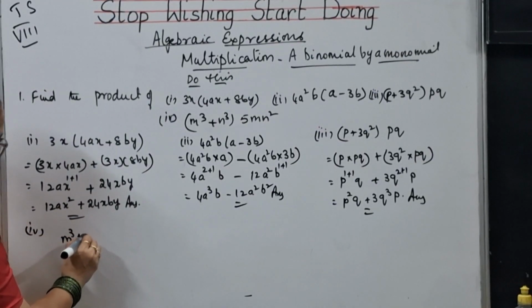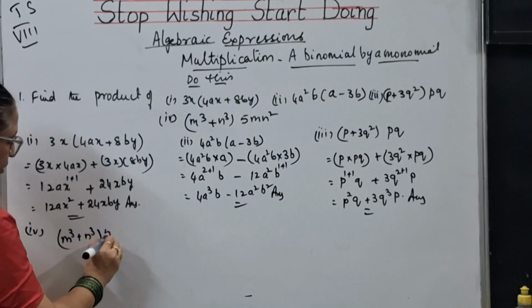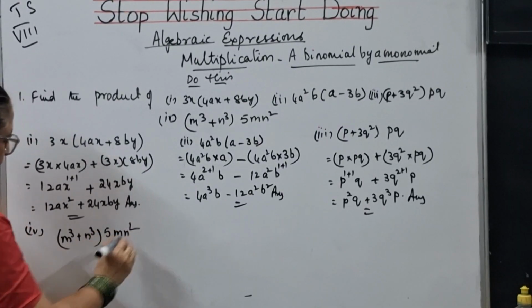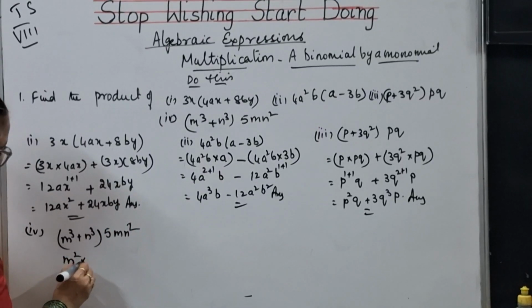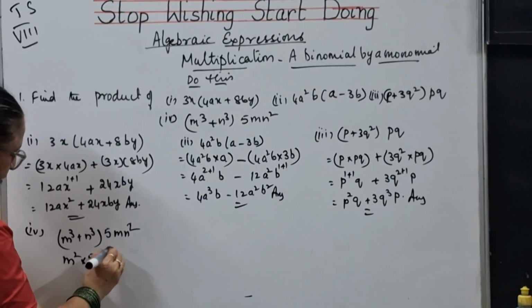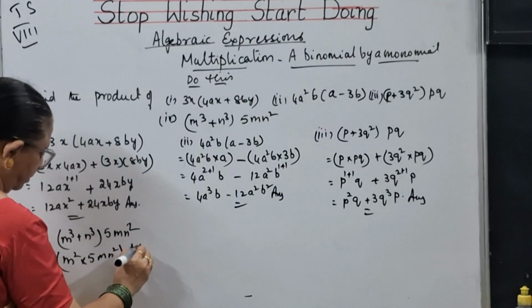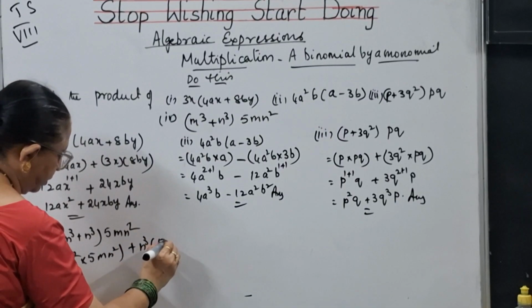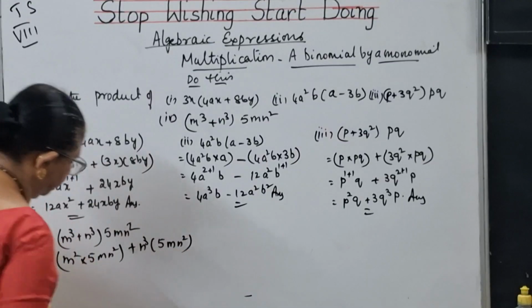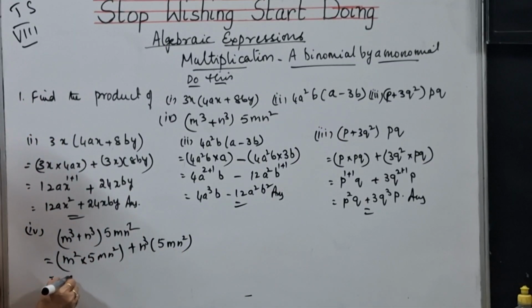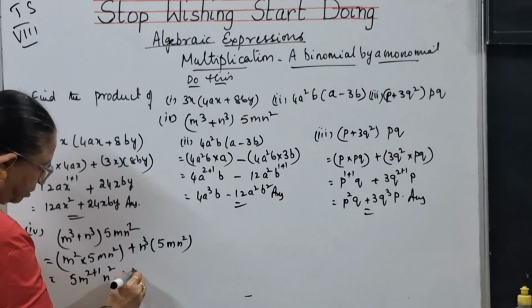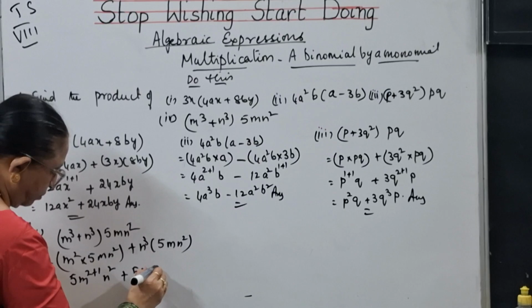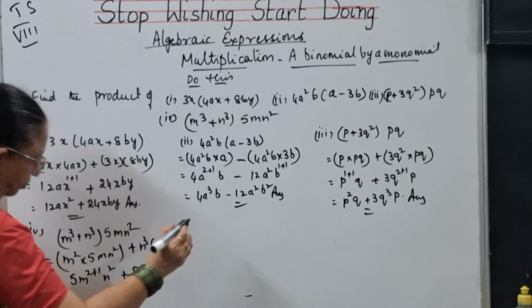M cube plus n cube into 5mn square. That means m cube into 5mn square plus n cube into 5mn square. This is equal to 5 m to the power of 2 plus 1 n square plus 5 m into n to the power of 3 plus 2.